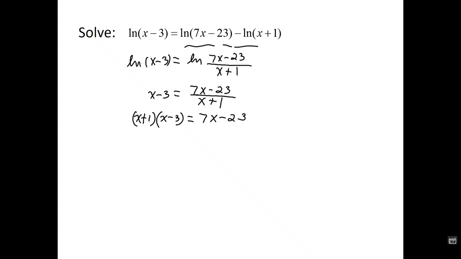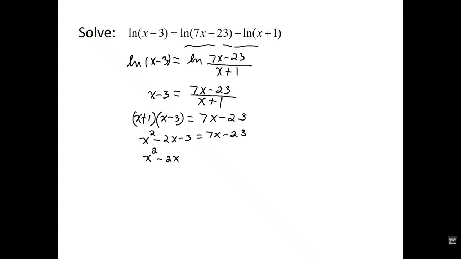All right, let's simplify by performing the indicated multiplication here. So what do we get? We get x squared, positive 1x with a minus 3x. So the middle term is a negative 2x minus 3 is equal to 7x minus 23. Combining like terms, we have x squared minus 2x.